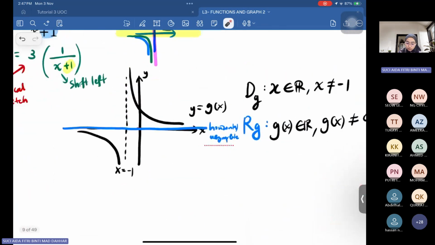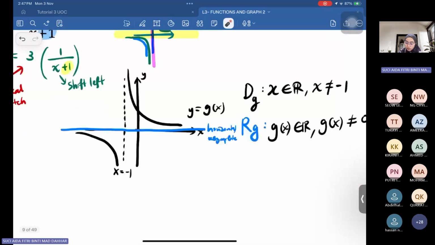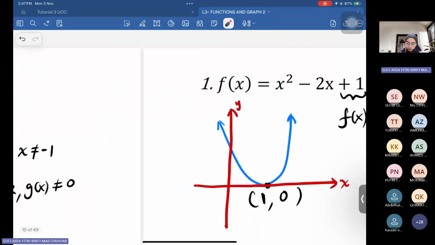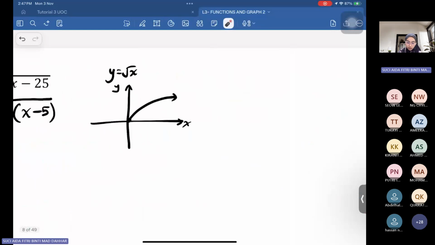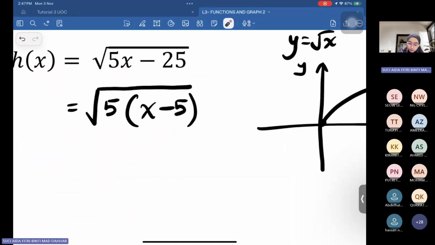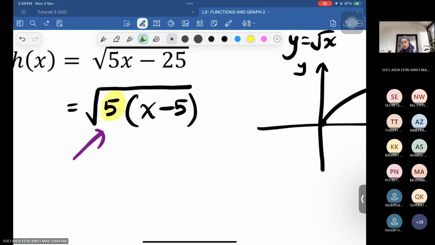So I'm going to deal with the multiple outside first. Where's the graph? Here. There's a multiple by 5. Multiply by 5 outside. What does this do to the graph, class? Stretch. Are we multiplying by 5 inside the function or outside the function?